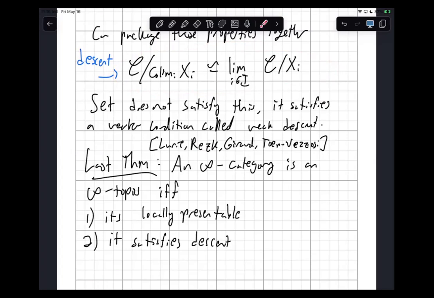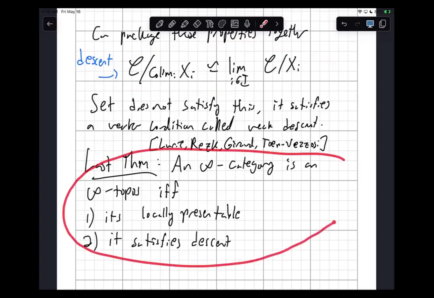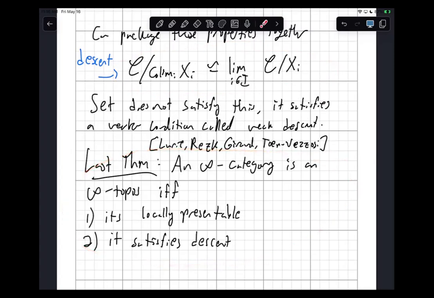That's it. Not weak descent. So you're an infinity topos if you're presentable and you satisfy descent. You can see that going to the infinity world makes certain statements like this unbelievably clean and simple.